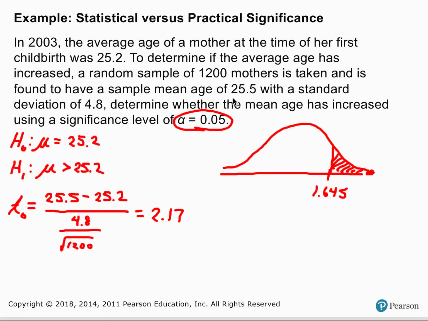Is that practically significant? Not really. Does it really matter if you're 25.2 years of age or 25.5 years of age at the time of your first childbirth? No, they're both just 25. So even though it does show statistical significance, it is not practical significance.